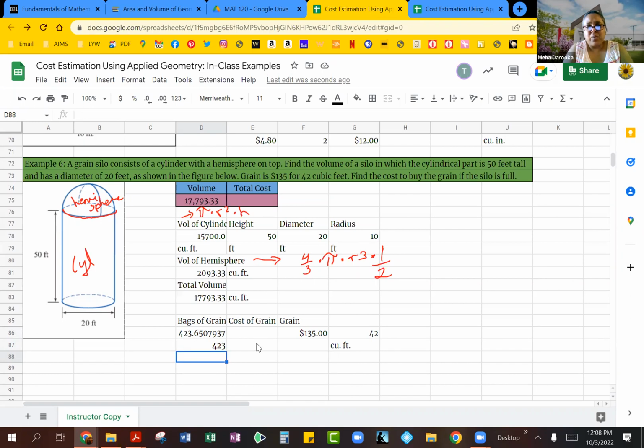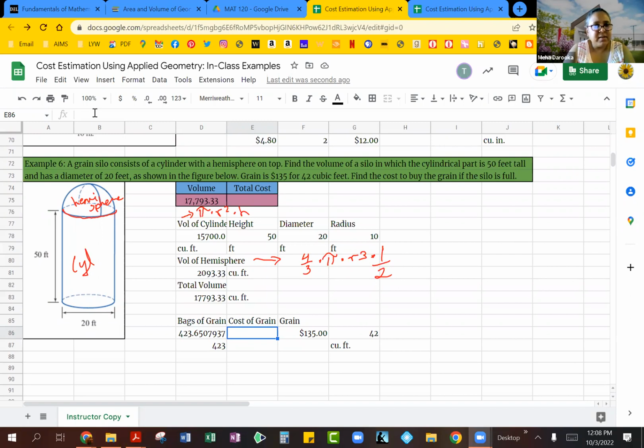And then based on that, what will our cost come out to be, guys? I know some of you already shared your answer with me, but what does our total cost come out to be in this case? So now that we know that we will be rounding down our number of bags, it's going to make a slight difference in what your total dollar amount comes out to be. Terry, very nice. I see your answer.